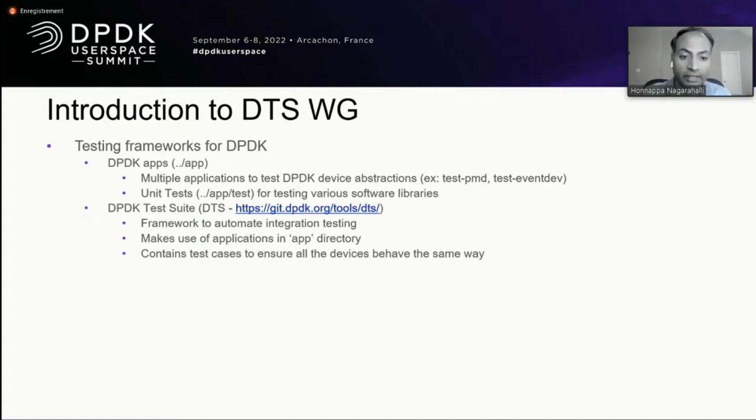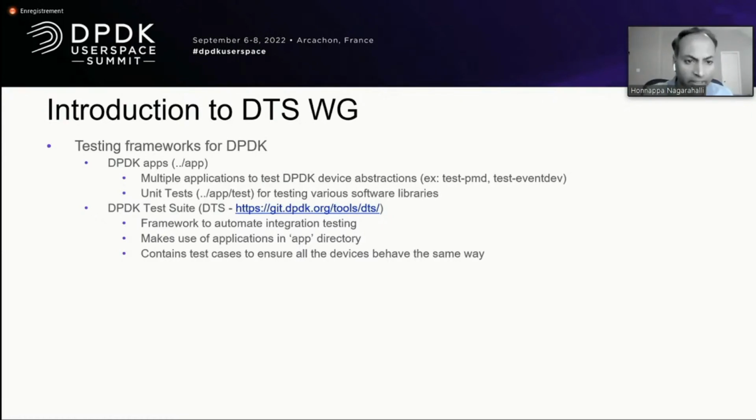We also have the unit test application, which does the testing for various software libraries. These applications get updated as and when new features are added, and the community makes sure that there is enough testing coverage there through these applications. And the unit test cases, we can run them automatically as well. So there is enough coverage for the unit test cases.